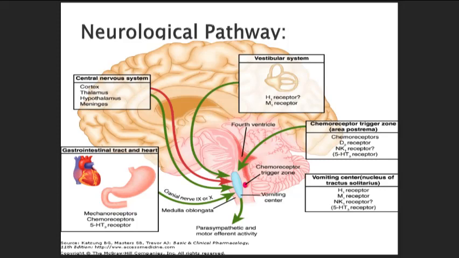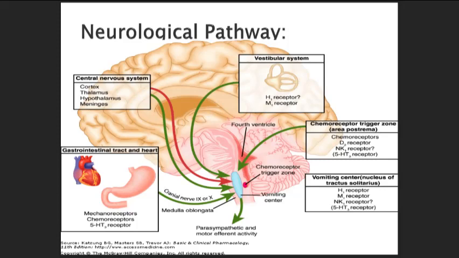Similarly, the vestibular apparatus, which controls equilibrium of the body, has two types of receptors, H1 and M1, which transmit impulses to the fourth ventricle where the emetic center is located. Is that clear to all of you?